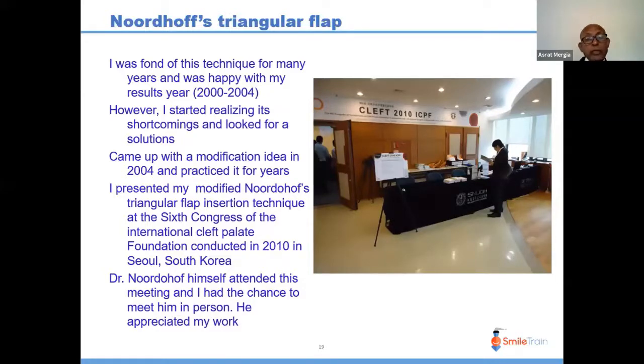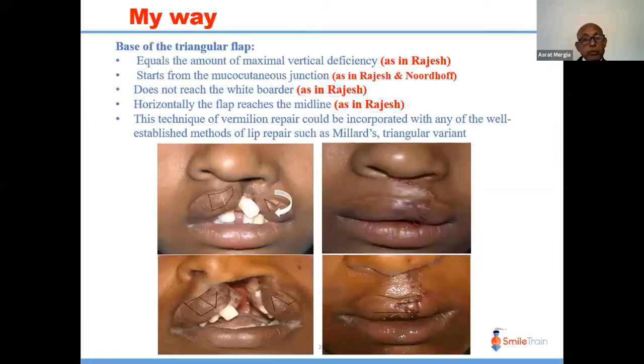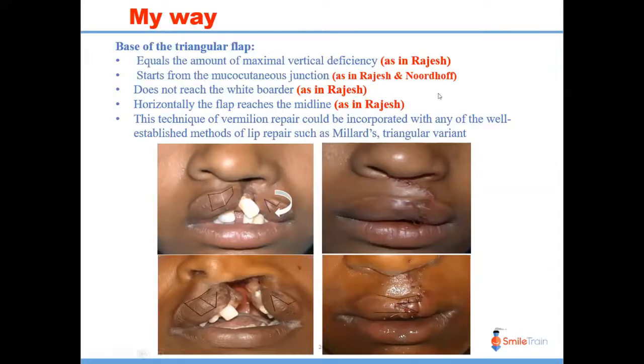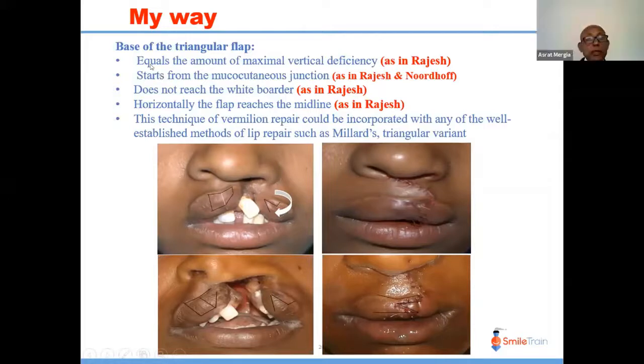So my way is mostly taken from both Rajesh and Noordhoff. It differs only in a little aspect. The base of the triangular flap here equals the amount of the maximum deficiency here. That's how Rajesh does it.